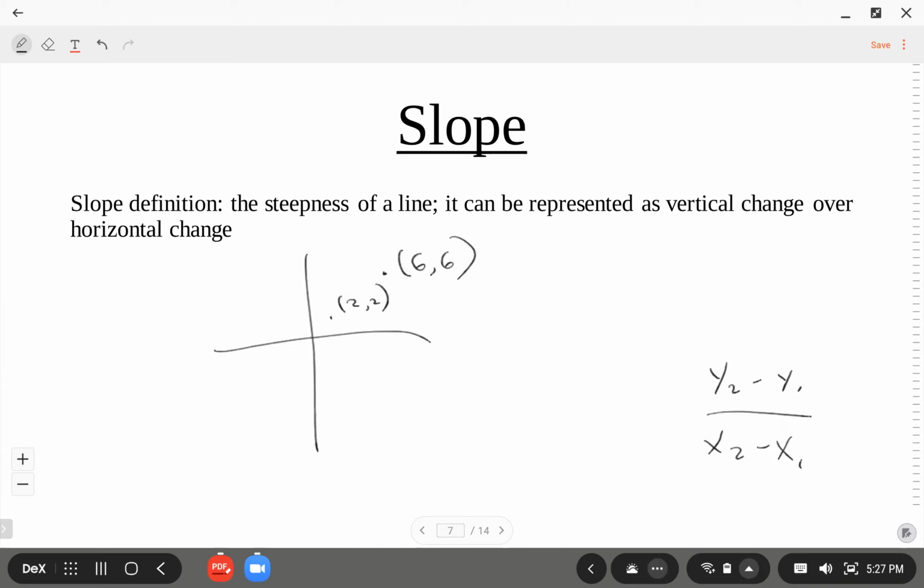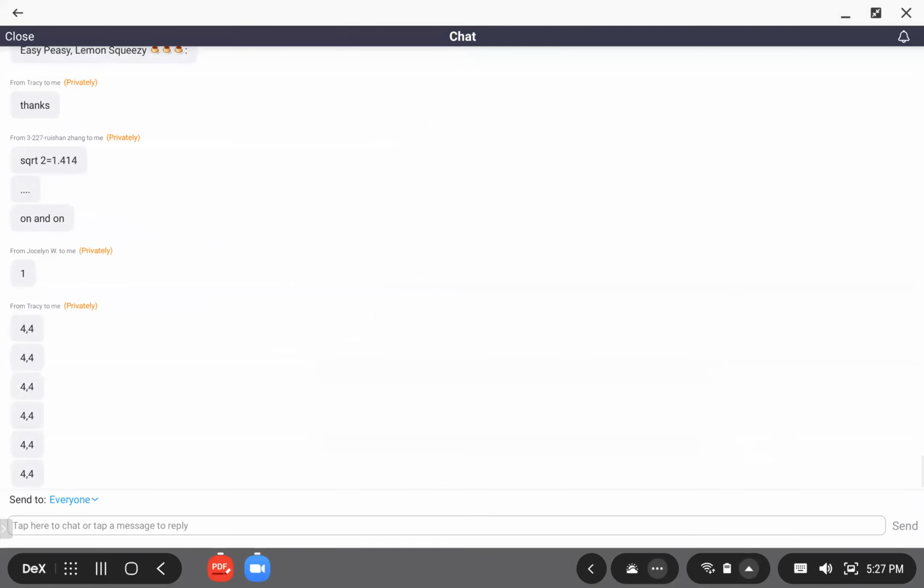Okay, so please solve the slope of this. Okay, just y2 minus y1 and x2 minus x1. Okay. So please put your answers in the chat box.